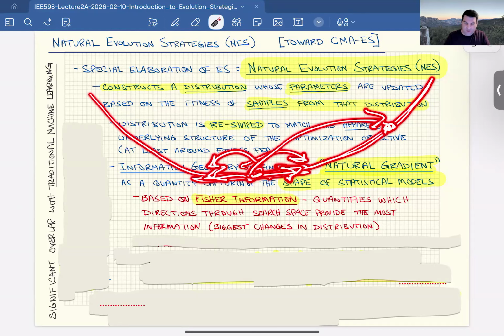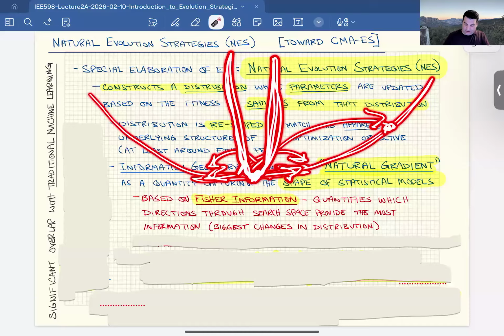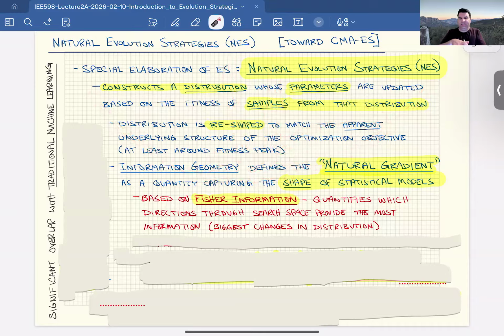Now, that might be in one direction, but in another direction, coming out of the page, it might be much steeper. In that case, if you take a small step, you do get a large change in fitness. Going with the page, you get small changes in fitness for the same step size.